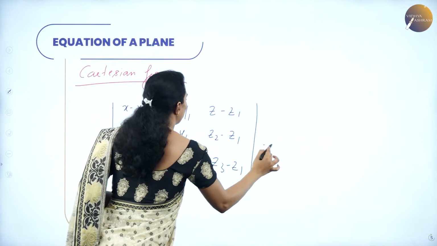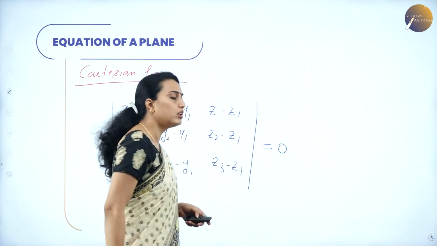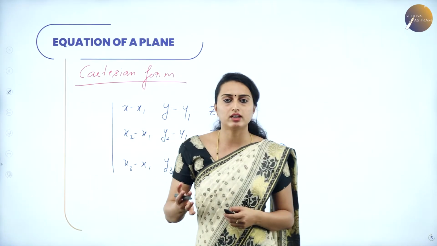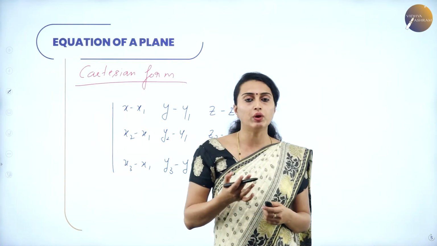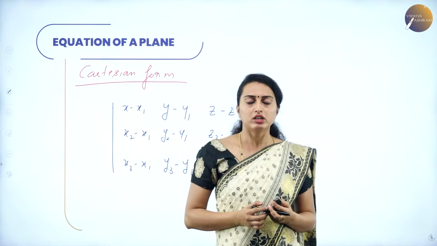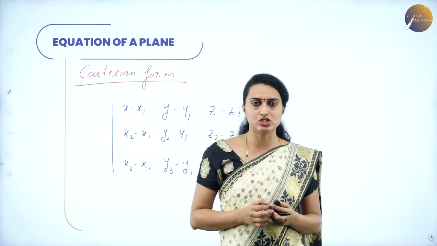So this determinant will be equal to 0. This is going to be known as the Cartesian form. How easy, dear students. Here you have to remember both the vector form and the Cartesian form.